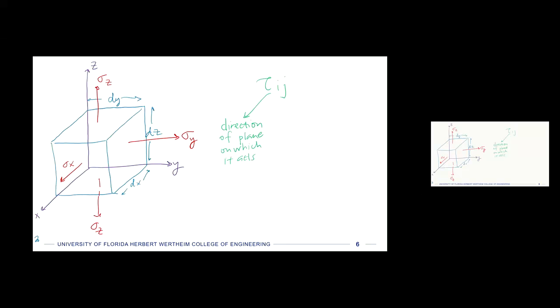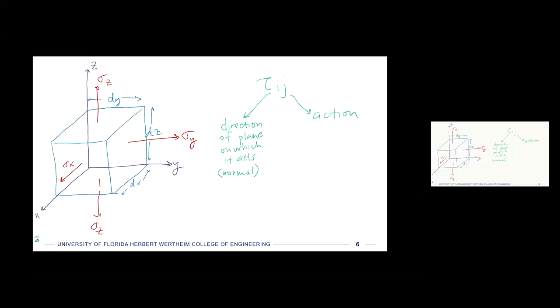And we always describe the orientation of a plane by its surface normal. So I'm going to write normal underneath it. And the second subscript is going to be the direction of action. So that one's easy. It's just the first one that trips people up.